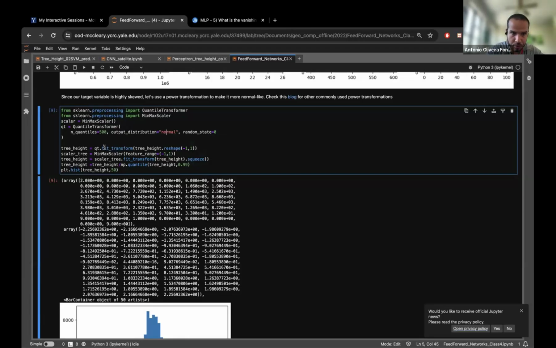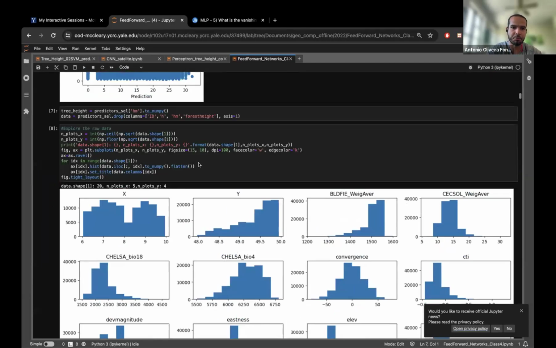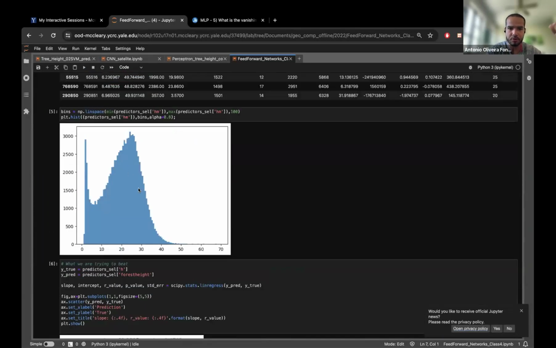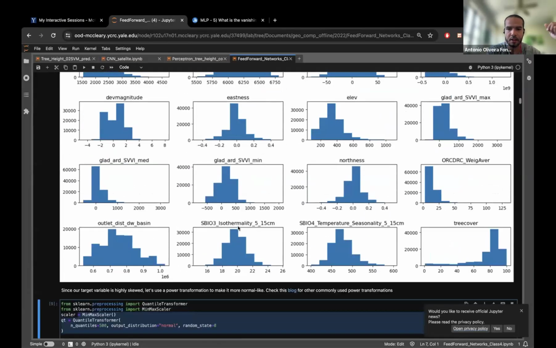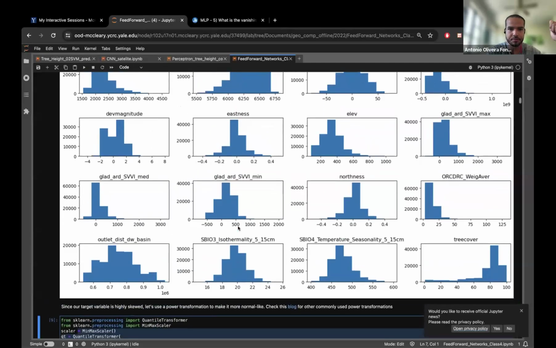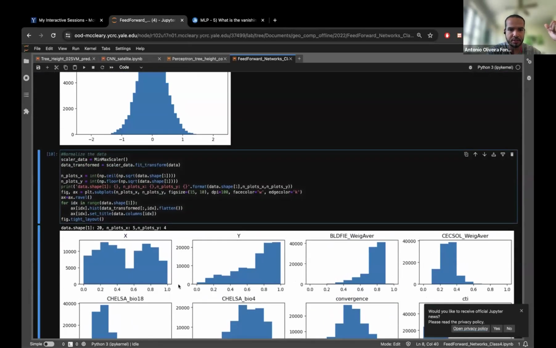The benefit of using packages like this is that in the end I can do the inverse transform, so I convert everything back to the true height of trees. All good? Any questions on this? Okay, very well. I do the min-max on the features.